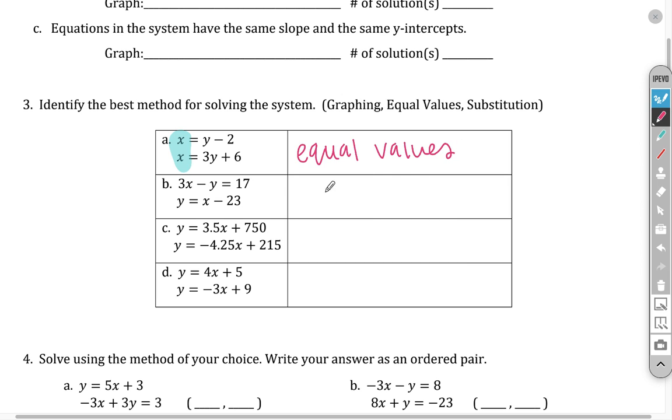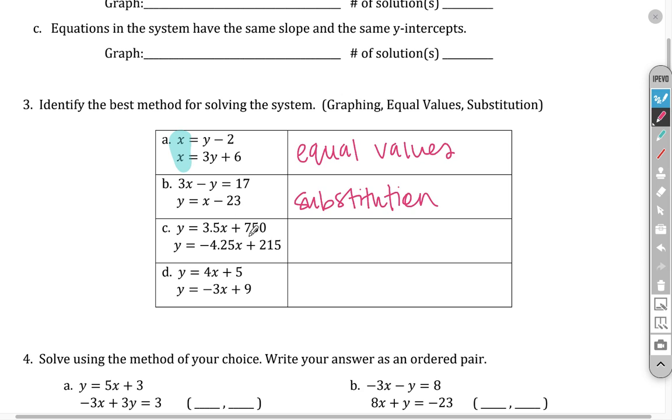All right. B, we've got one in standard form and one in slope-intercept form set equal to y. So that tells me I could take this y and plug it in easily here. So we're going to use substitution. All right, on C, we do have these set equal to y, which is easier to graph.